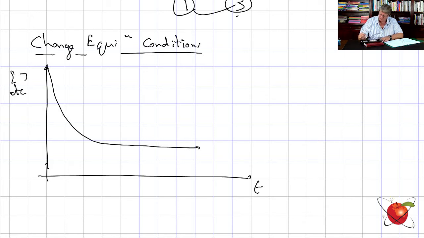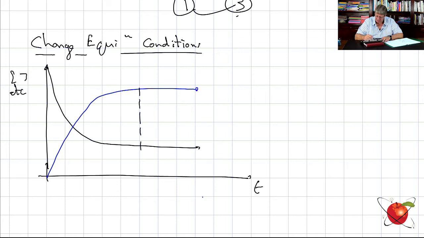Blue. Let's use blue, and let's say we get something like that. Now we say, okie dokie, time to equilibrium. We look where these graphs are, let's say there. That is time to equilibrium. We've reached it. Now I am going to change pressure.